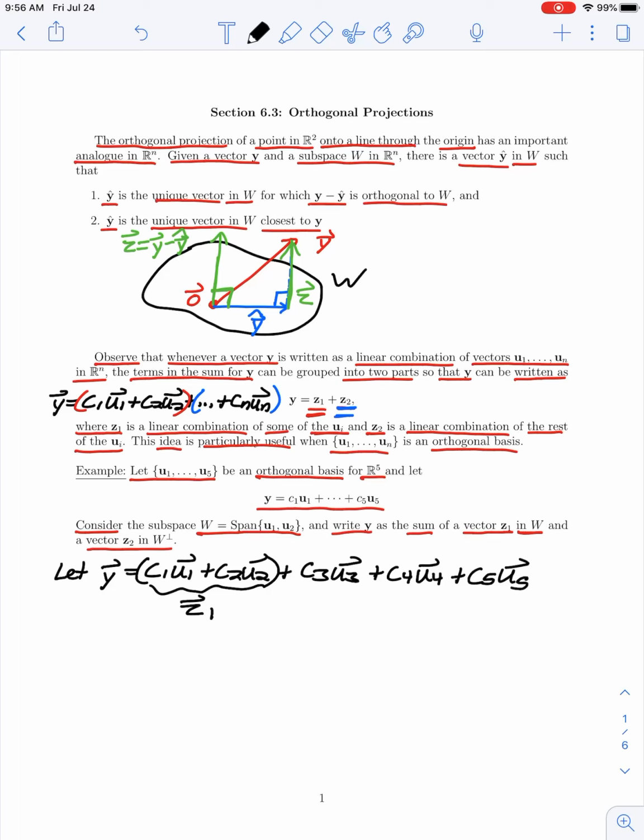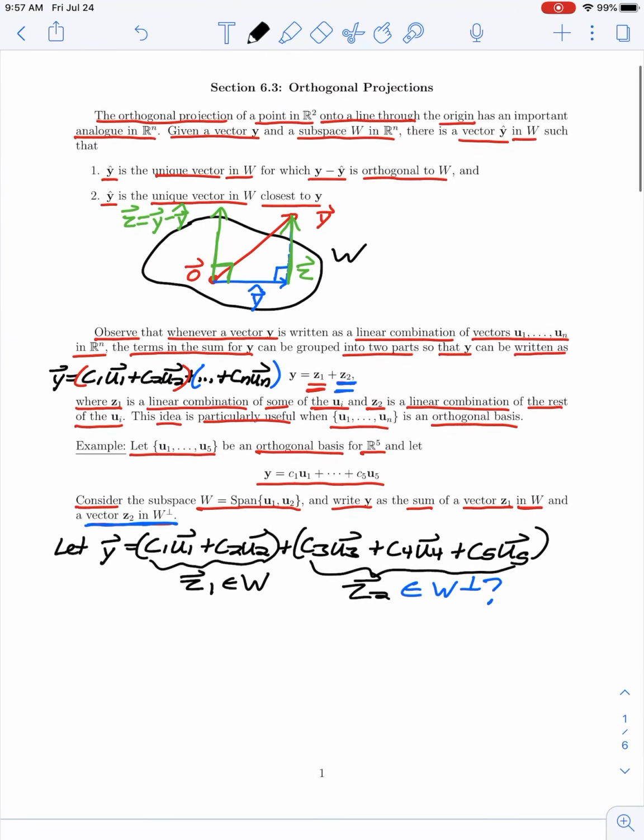And clearly, since z1 is a linear combination of the vectors u1 and u2, it lies in the space W, which is the span of u1 and u2. Now, if I group my remaining terms, the linear combination of these vectors u3 through u5, let's call this vector z2. And we need to show that this vector lies in the orthogonal complement of W. So that becomes our question. Is this vector in the orthogonal complement?